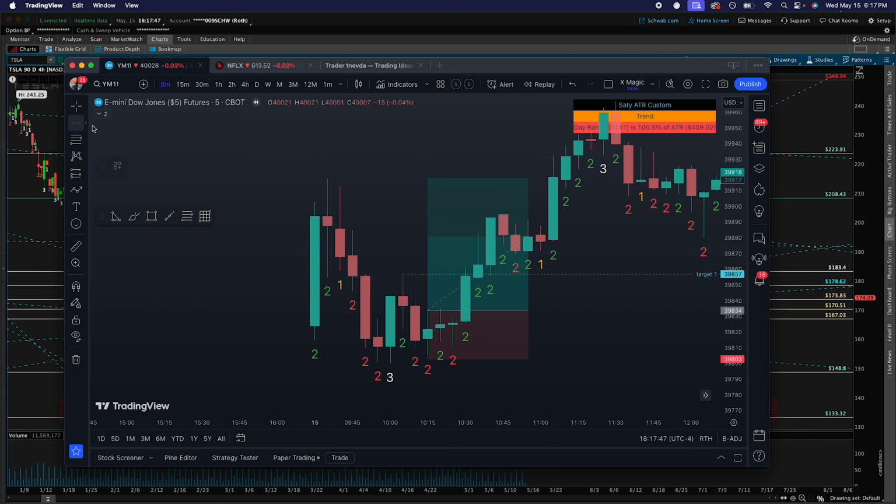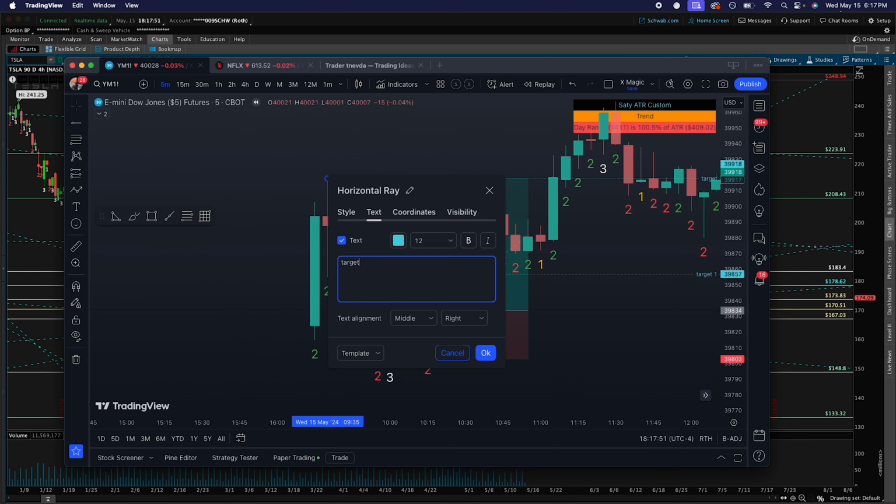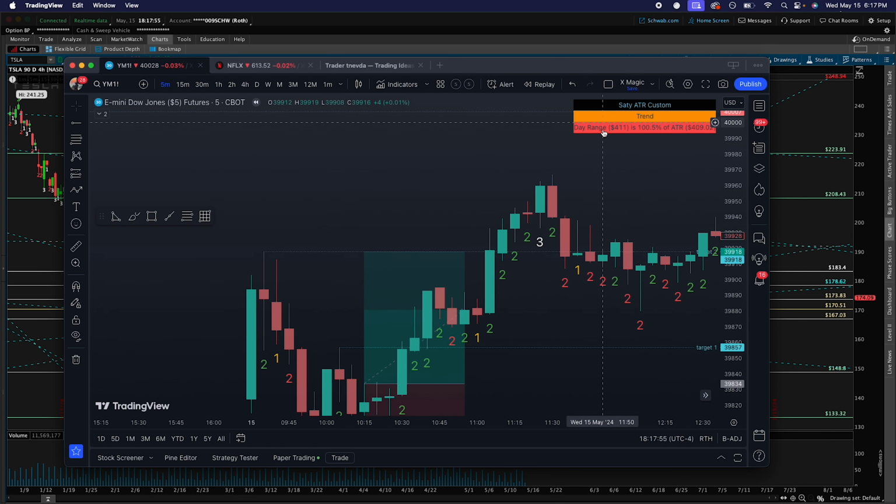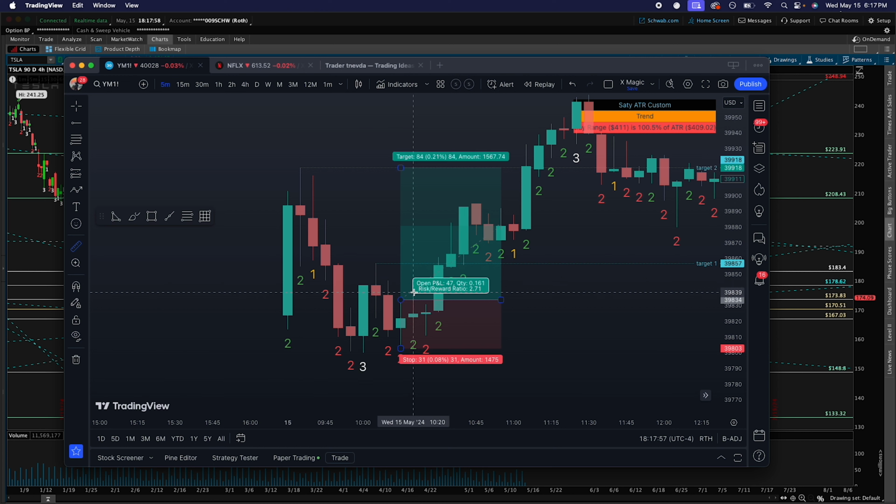And then my second target was right up here, the completion of the W. And of course, if you want to leave a runner position, you can take it higher. But I was definitely happy with this 84 point move, and I just took it off there and basically stopped for the day. I took my whole position off. So that's pretty much the only trade I took today.